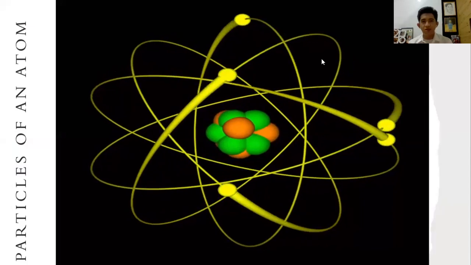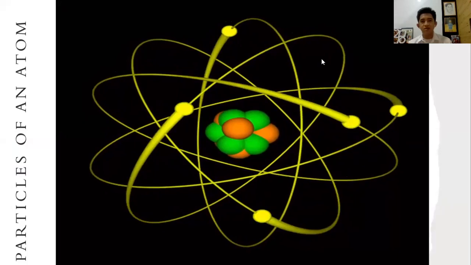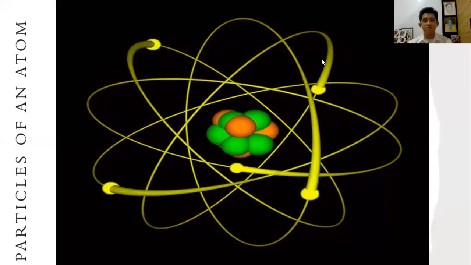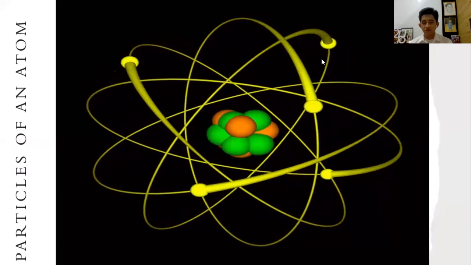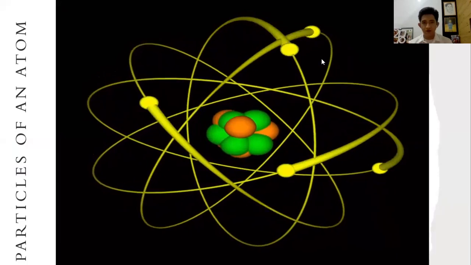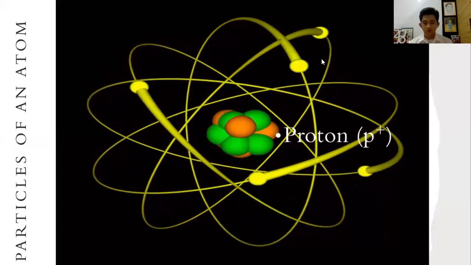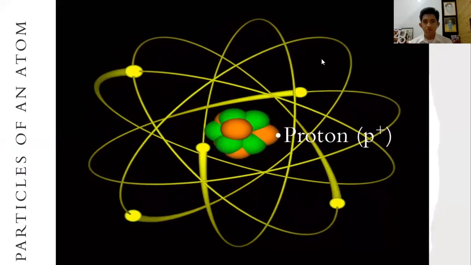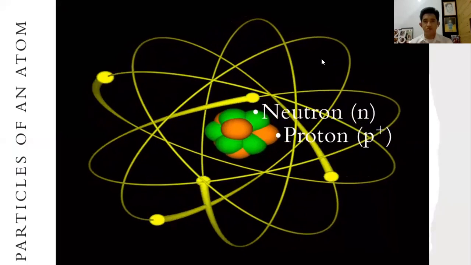Let's take note that the particles of an atom are particles that are moving around a certain something. And these particles of an atom consist of different structures. We have the proton, then we have the neutron, then we have the electron.